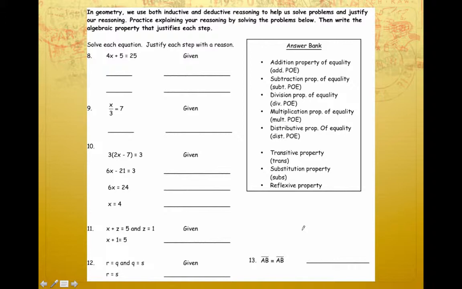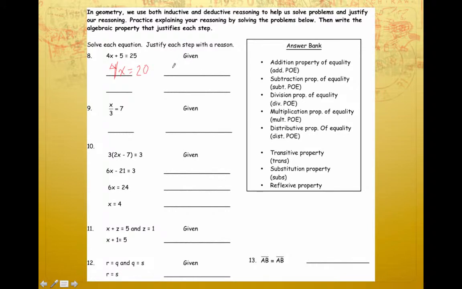That's the reflexive property. So what we're going to do is start looking at something that's kind of what you've probably heard about proofs in geometry. This is an example. So we're just going to do steps that you've always done and then explain why we're allowed to do it based on some mathematical axioms. So the first thing you would do if you saw this, I feel certain, is to write 4x equals 20. You'd subtract that 5 first.